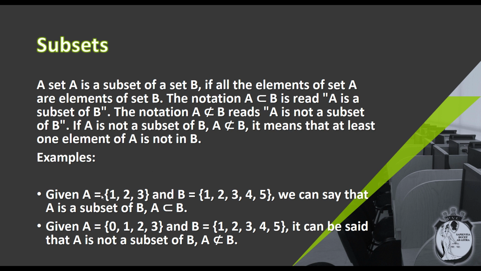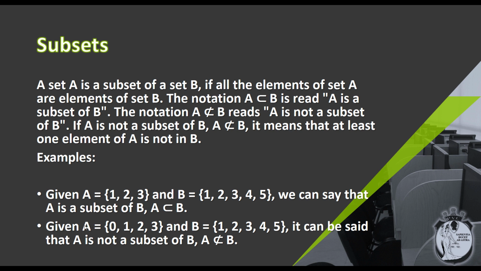Because all the elements of A are inside of the set B. So if every element of A is part of the set B, A is a subset of B.